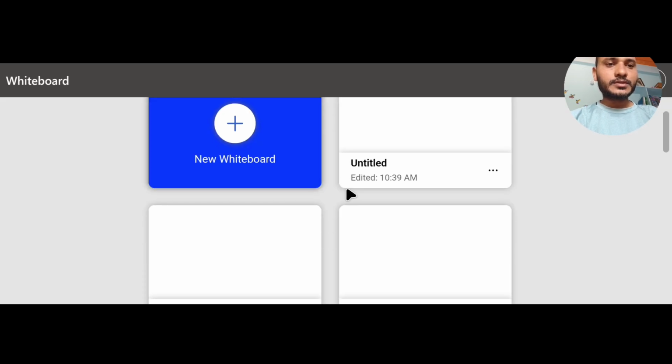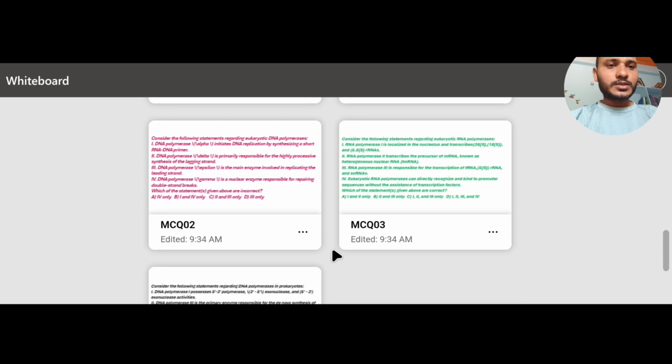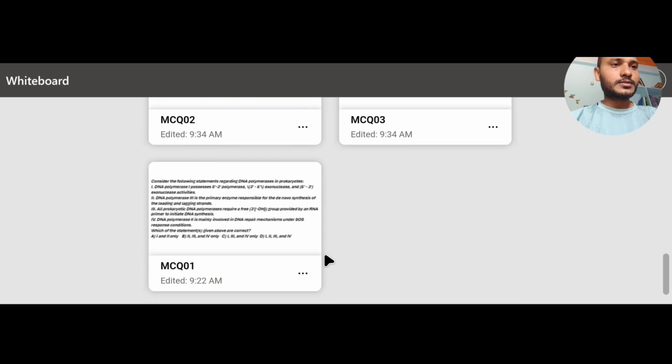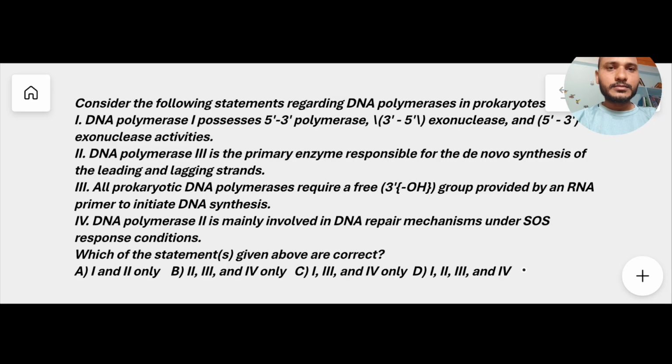Now it's time for self-test. Here I have provided three highly important NCERT based multi-statement MCQs. Now on the screen, the first MCQ: consider the following statements regarding DNA polymerase in prokaryotes.